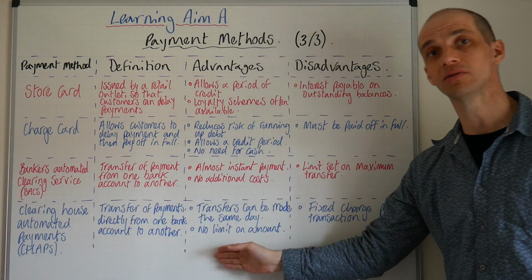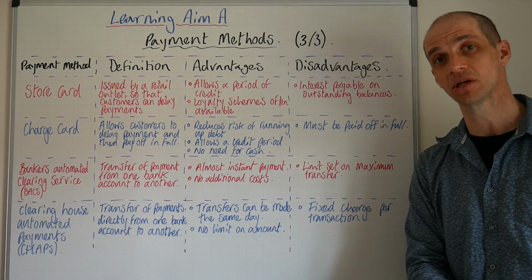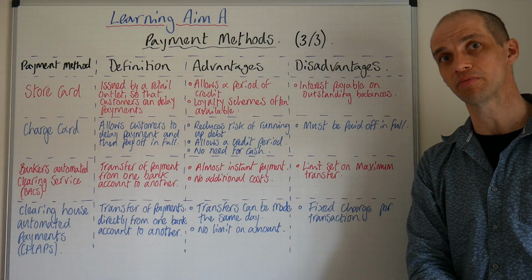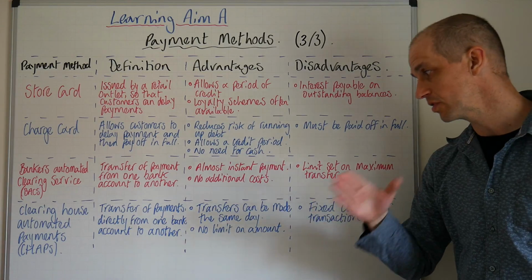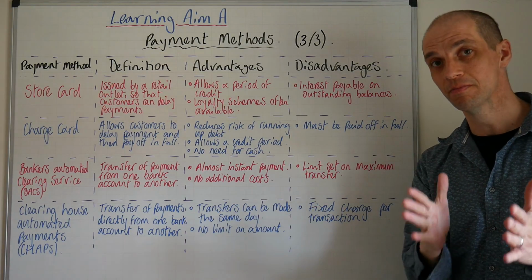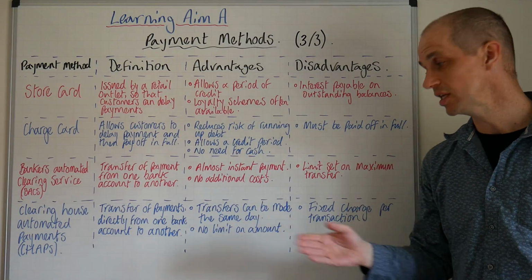They'll get you to transfer that money across via CHAPS so that you don't delay the process, because this is guaranteed to be there the same day and more or less instantaneous.